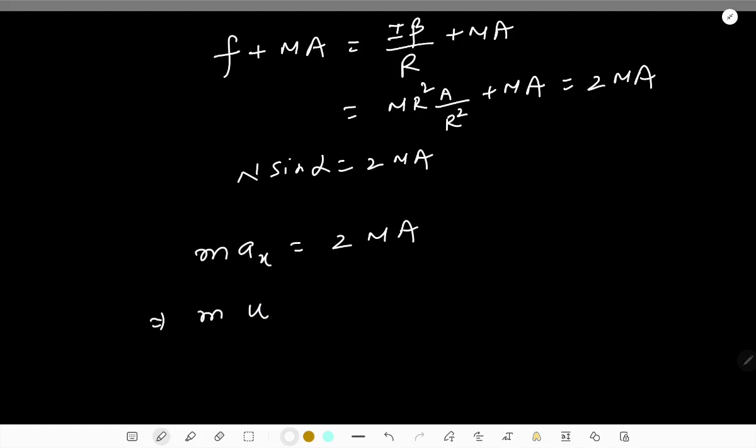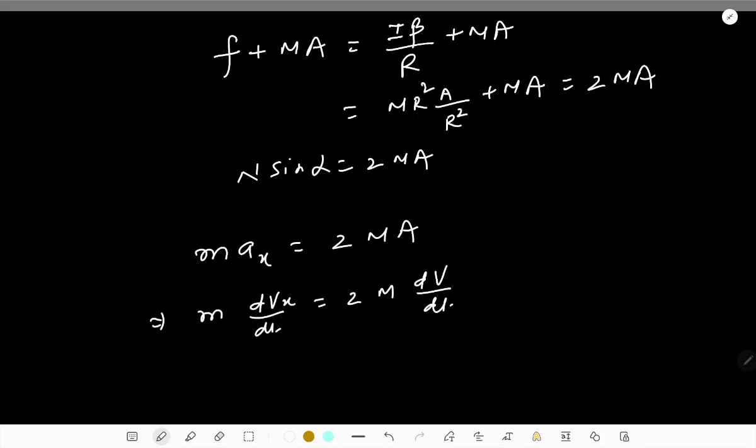u, the velocity at the moment when the puck reaches the bottom of the cylinder, its velocity becomes u. So we can write here this ax can be written simply as dvx upon dt, and a can be written simply as dv upon dt.